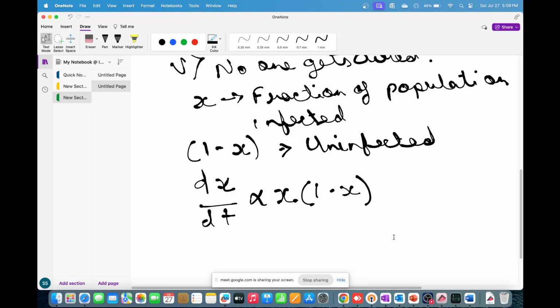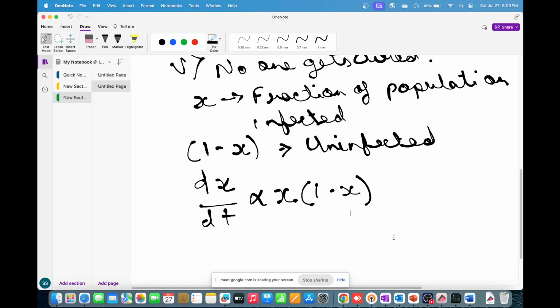That is dependent on the number of uninfected persons, which is basically 1 minus x. So your change in the number of infected persons is dependent on both the number of infected persons and the number of uninfected persons. It's a proportionality that we are using. The change of the infected persons is proportional to the product of infected and uninfected.